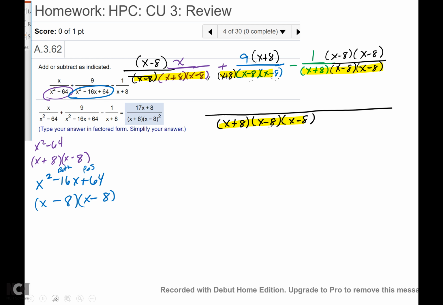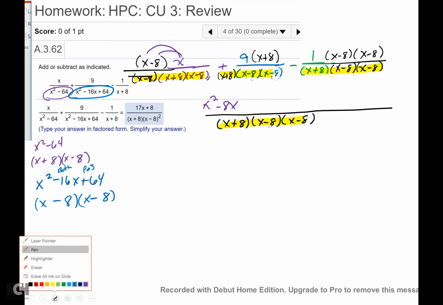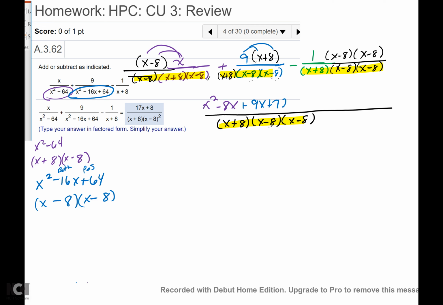Okay? So now on top of the first one, I'm going to have x squared minus 8x. In the middle, I'm going to have 9x plus 72. And on the last one, I'm going to do it up here.